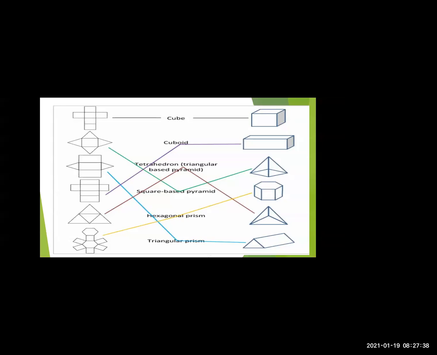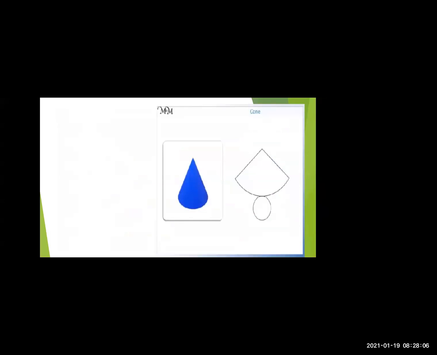And the next figure, the base is a triangle and it is also covered by triangles. So of course it is a triangular based pyramid. The arrow goes to the triangular based pyramid. And here we go, it has 6 sides. But there are 2 bases. We have to see that it has 2 bases and no triangle coverage. That's why it's called a hexagonal prism.